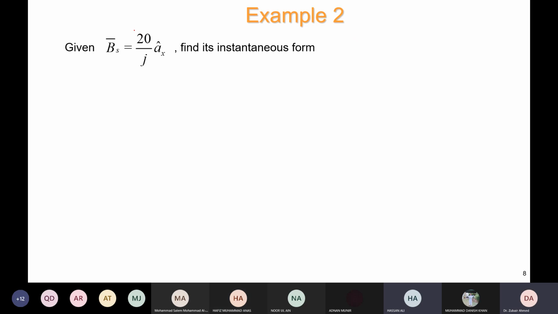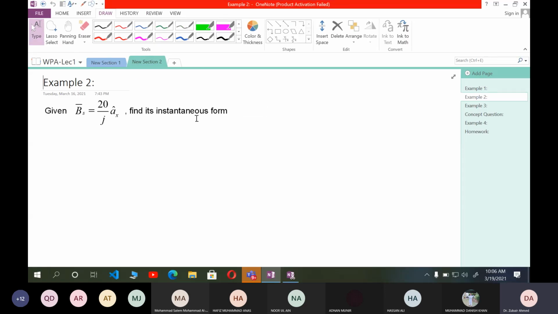So here we have only this single x component. We want to find the instantaneous form corresponding to this phasor vector. So what should we do? How can we find this instantaneous form?